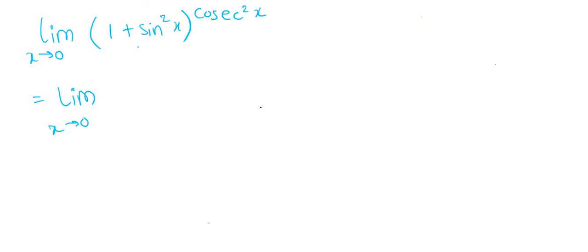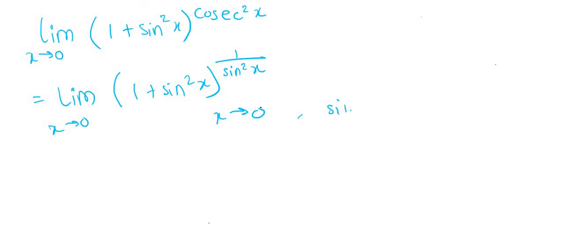We just need the reciprocal of sine squared on top, and if you know trig well, you might have already seen that. I'll just write it down properly. Over sine squared of x. Now as x goes to 0, sine squared of x goes to 0.